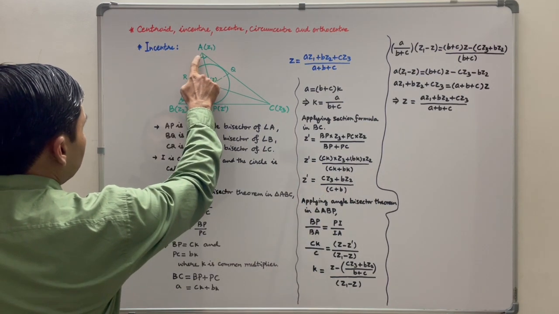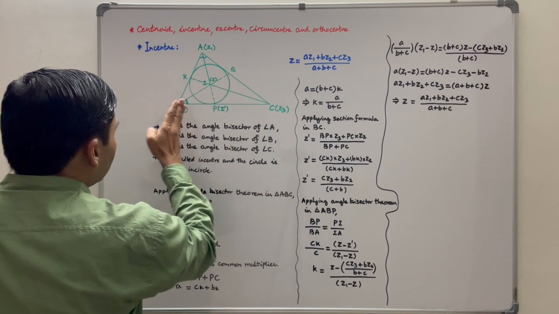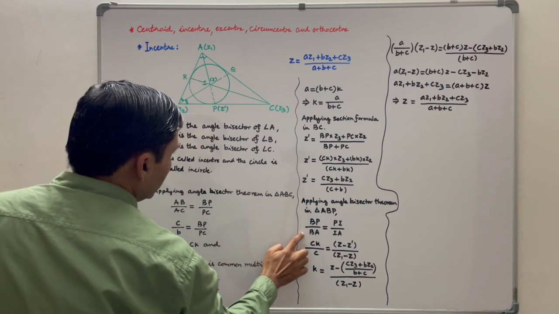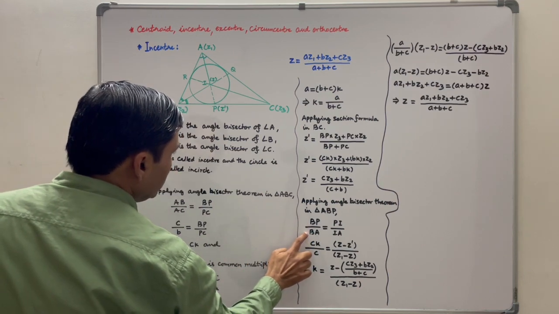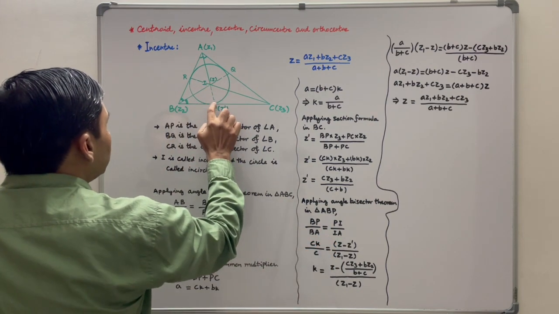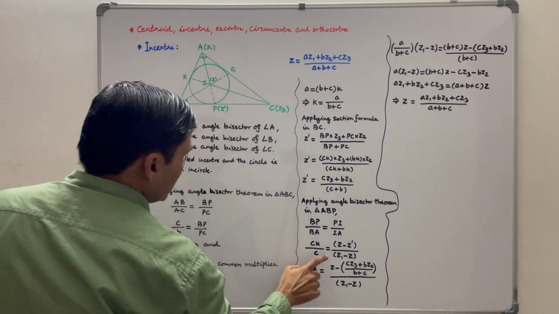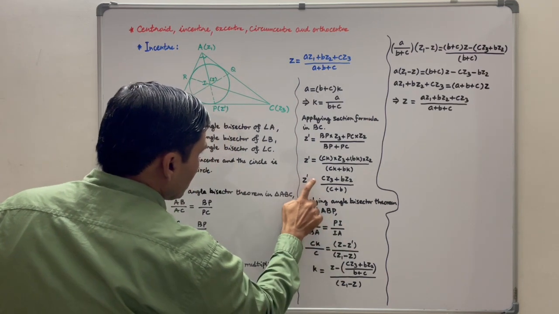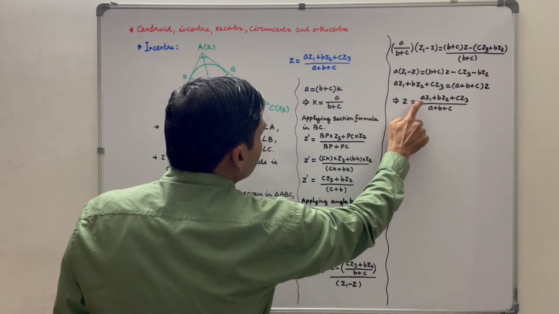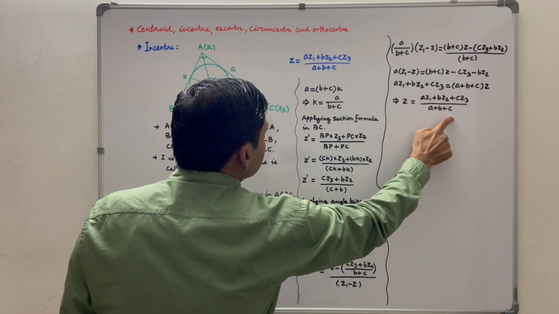Next, we will apply the angle bisector theorem in triangle ABP and say that BP upon BA is equal to PI upon IA. BP is equal to ck, BA is equal to c, PI is equal to z minus z dash and IA is equal to z1 minus z. The value of z dash can be put from here. So after simplification, we get z is equal to (a z1 plus b z2 plus c z3) upon (a plus b plus c).